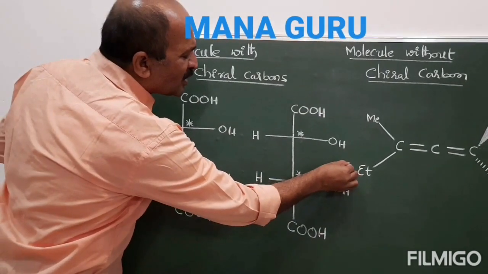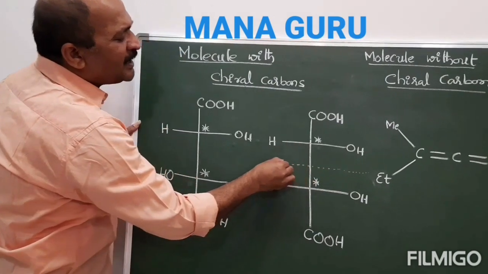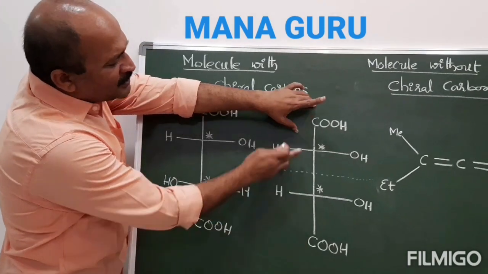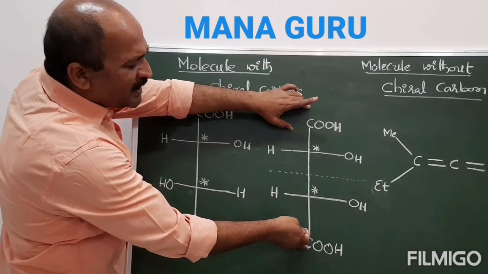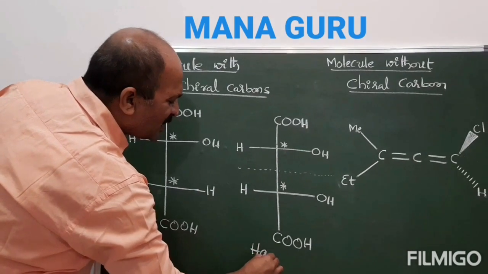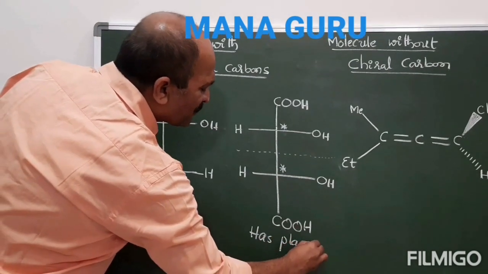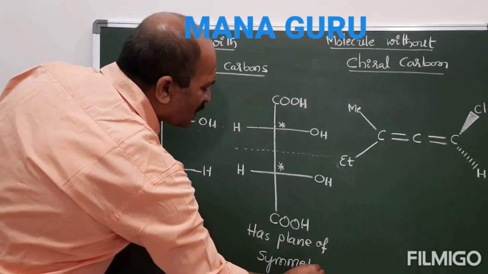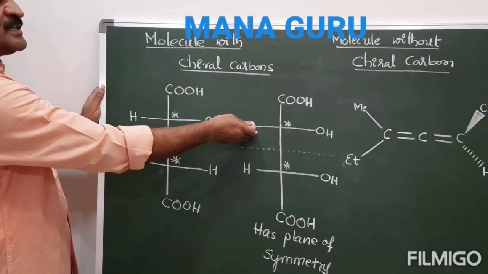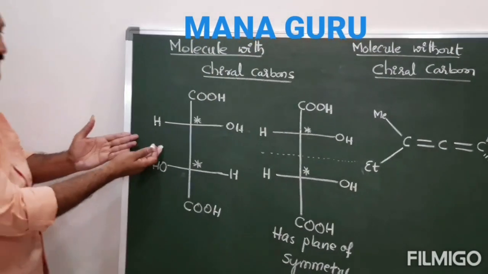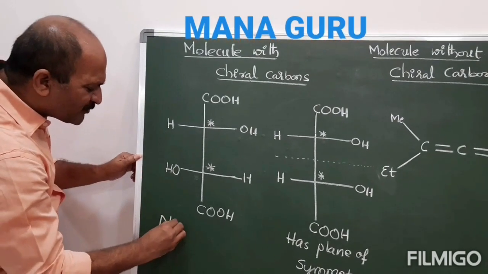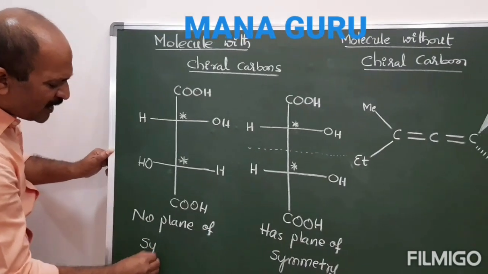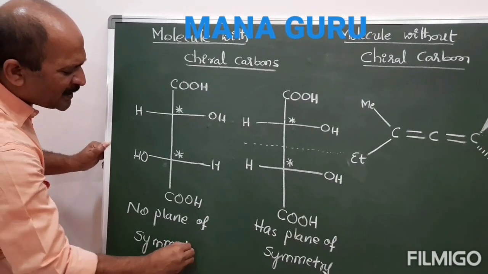if you cut in this plane, the upper part of the molecule is the mirror image of the lower part. That means this molecule has a plane of symmetry, so it does not exhibit optical isomerism. But this other molecule has no plane of symmetry, that's why it exhibits optical isomerism.